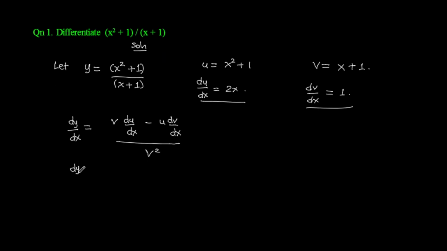On the left hand side we have dy by dx equals to, the value of v is x plus 1, and then du by dx is 2x, so we multiply here by 2x, then our subtraction sign here, and it's good when we create another bracket here.